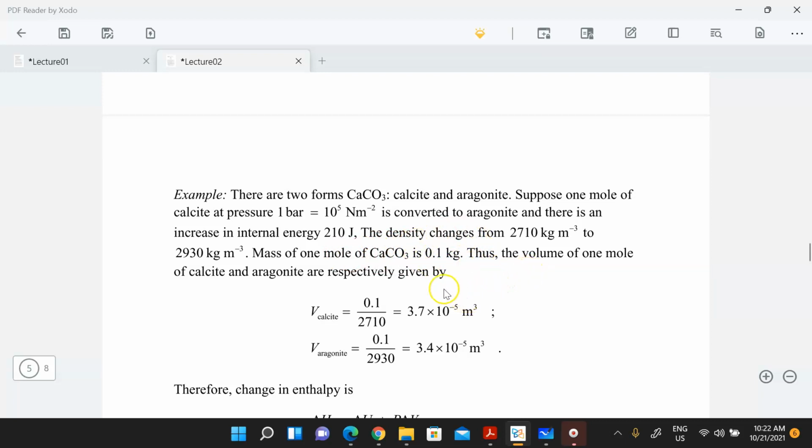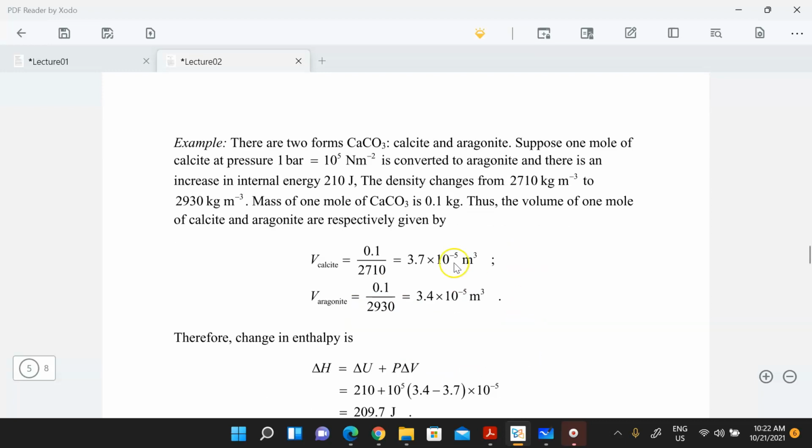And then what needs to be done is to find out the volume from the case of the calcite to the aragonite, which you can do by taking this mass divided by the density, okay, and then you get that. So once you know that, then you see that there's a change in volume.